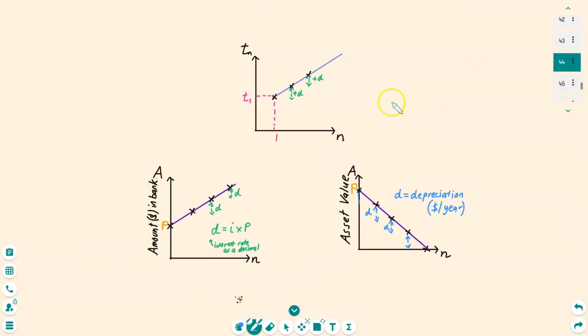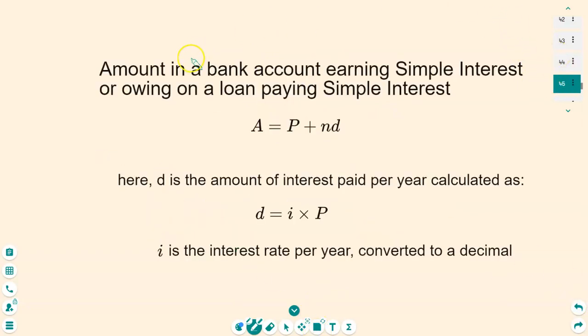All right, well, what is this? The amount in a bank account earning simple interest or owing on a loan paying simple interest. So we're just introducing a new little concept now. So simple interest, the amount in a simple interest bank account is this formula.